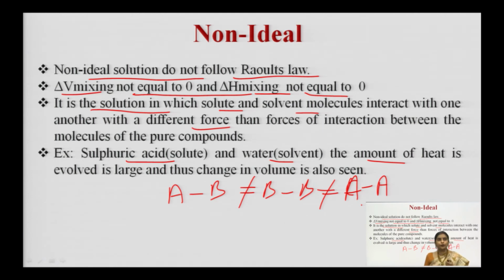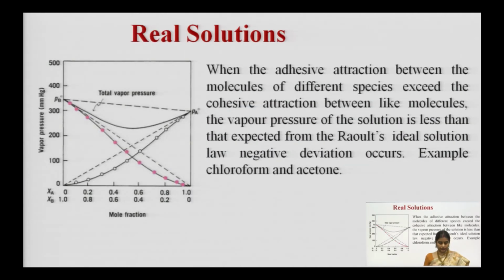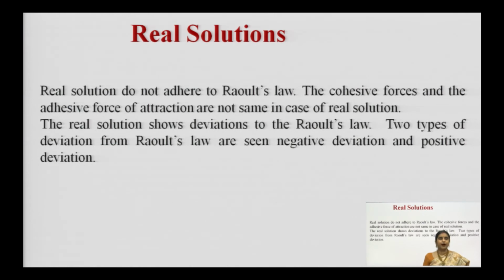So, there are two types of deviations. Non-ideal solutions are also called real solutions, which do not adhere to Raoult's law. Why? Again the same explanation: the cohesive force and the adhesive force of attraction will not be the same in case of real solution.